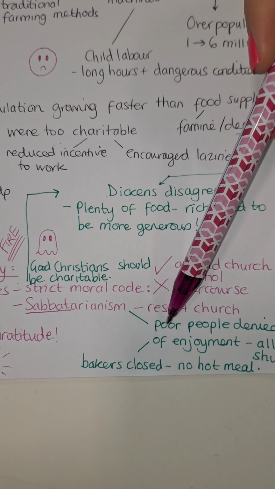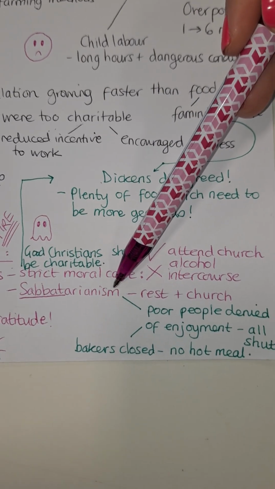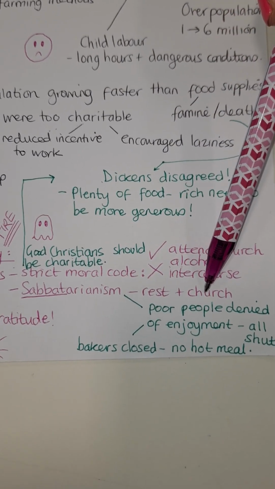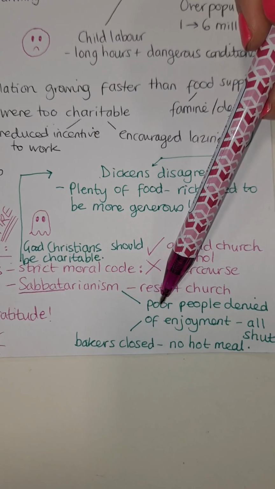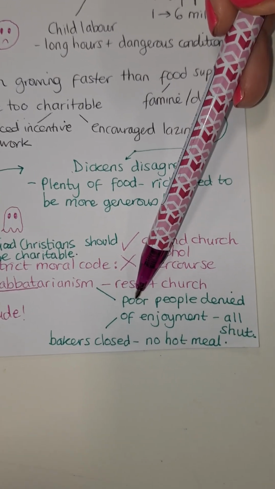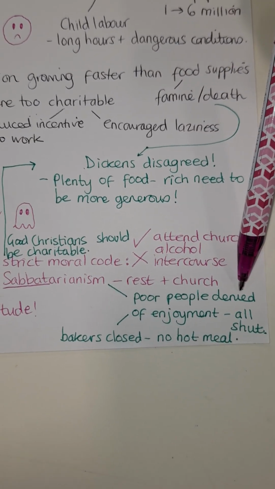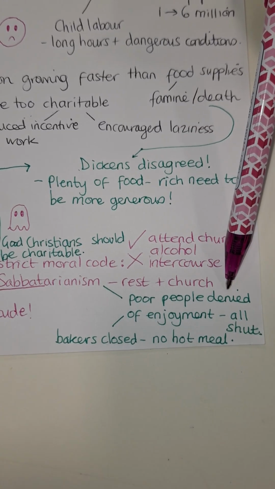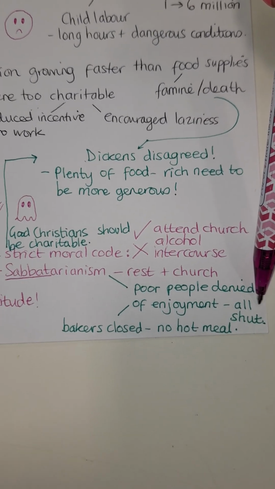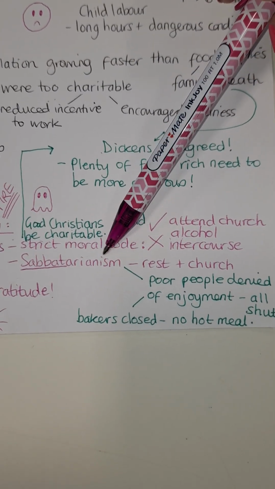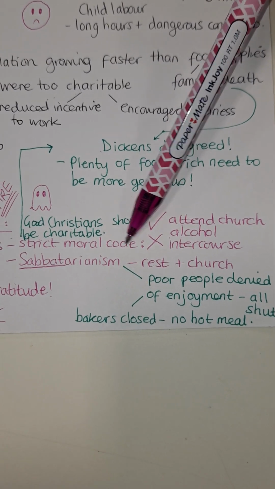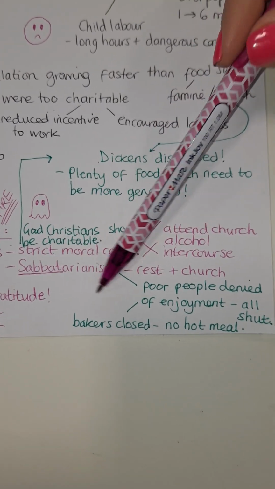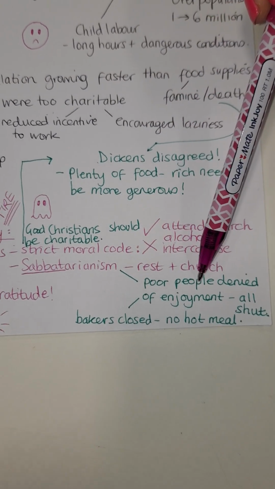He realised that, well, actually, if everybody has the Sunday off to rest and to go to church, this is the only day that poor people do have a rest, and you're denying them any sort of enjoyment because nobody was allowed to open up their businesses, everything's shut. So he said that this wasn't really a very supportive idea for the poor at the time.